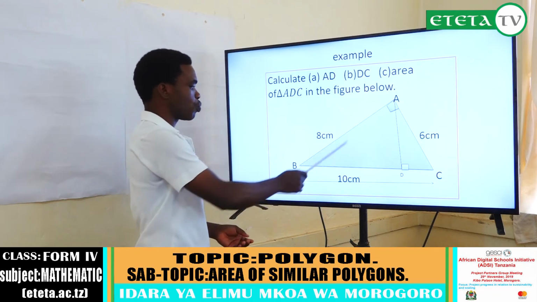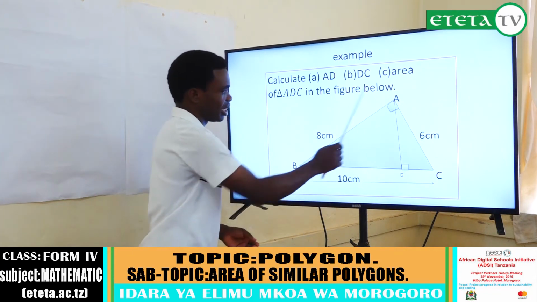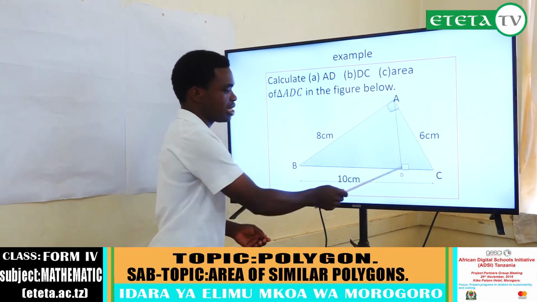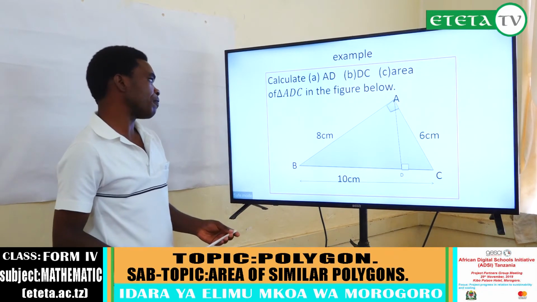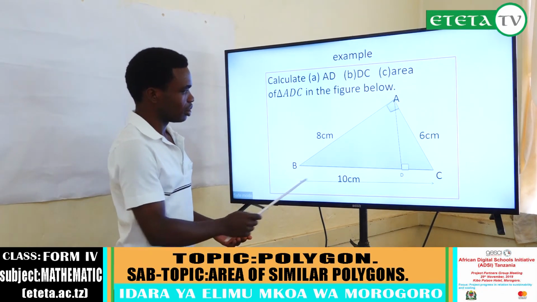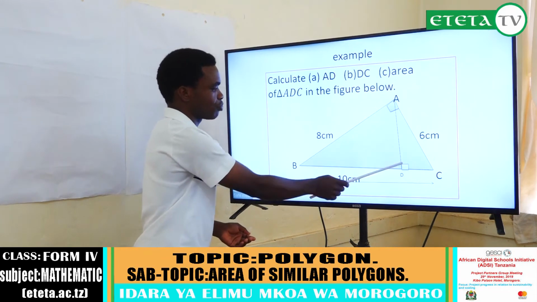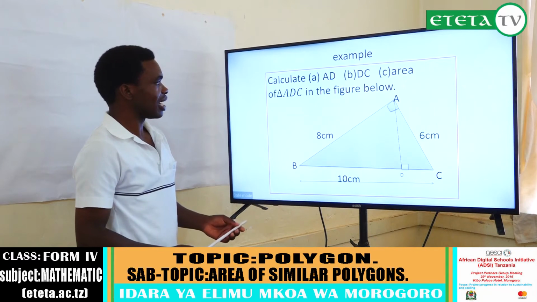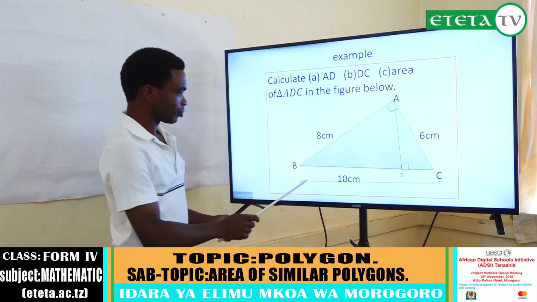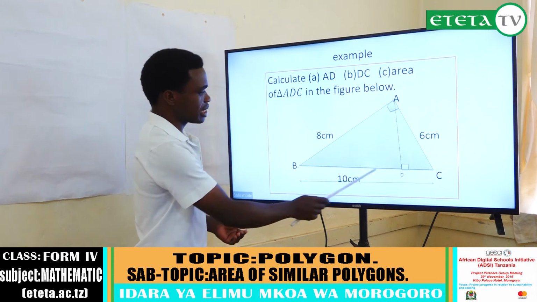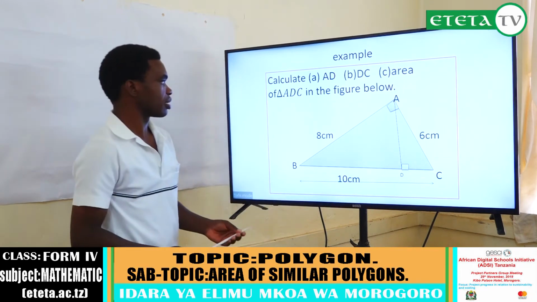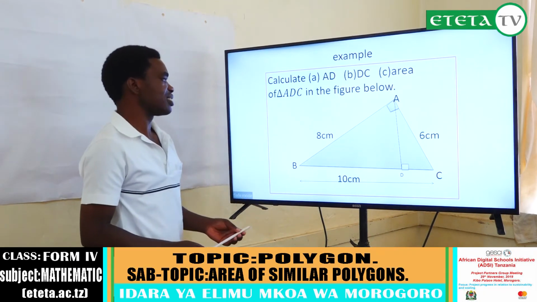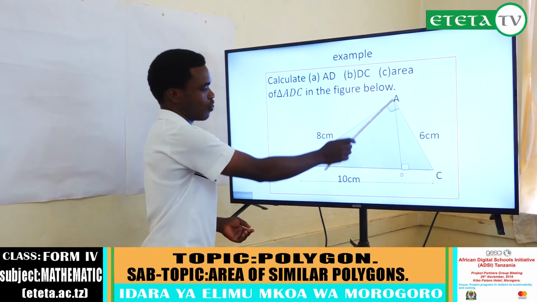The figure we are given is marked by A, B, C, and D. You are required to find AD, which is the distance from here up to here. And again, we have to find DC, which is from here up to here. And again, we have to find the area of triangle ADC.